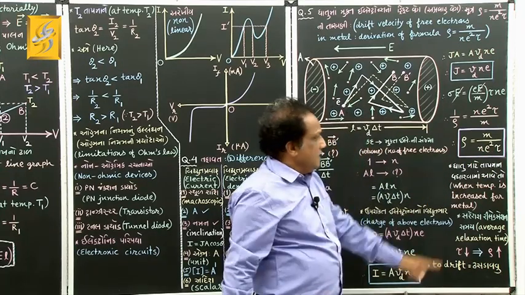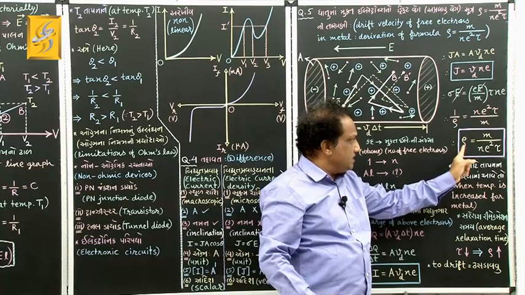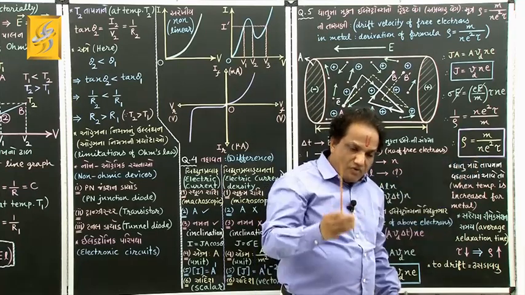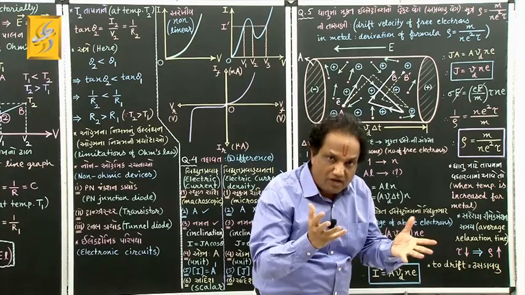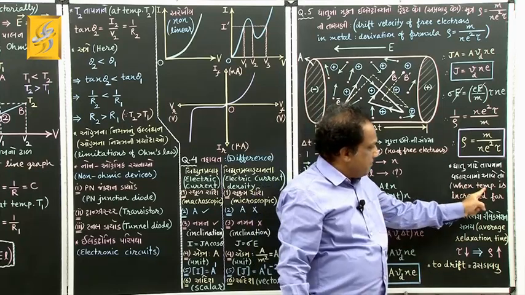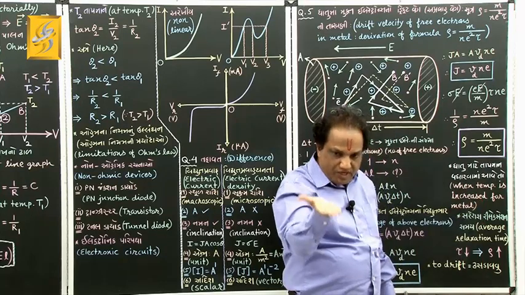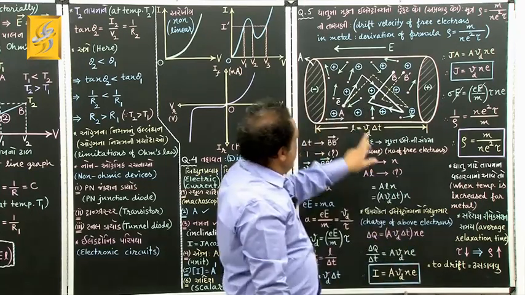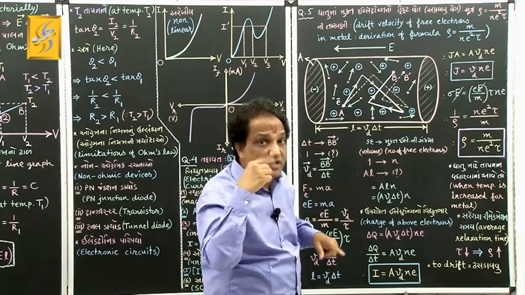And now let us examine the effect of change in temperature on the resistivity of a metal. How does temperature affect the resistivity of a metal or of a good conductor? I am showing you. Suppose temperature is increased. When you increase temperature, what will happen? The average kinetic energy in the random motion of free electrons will also increase.